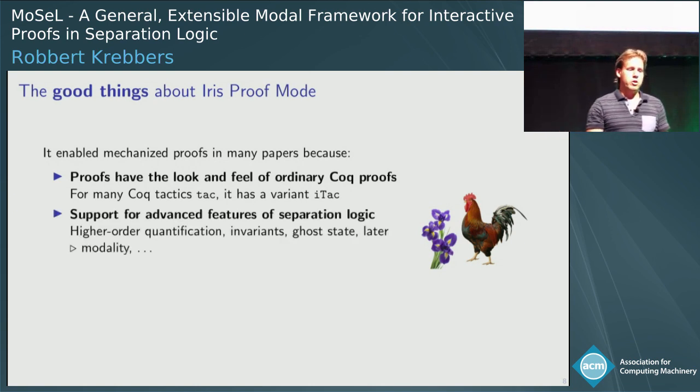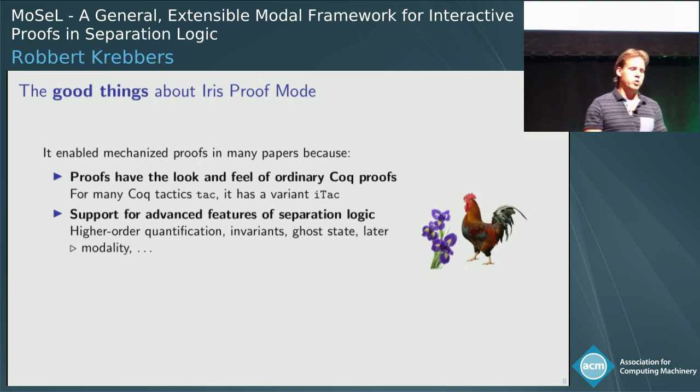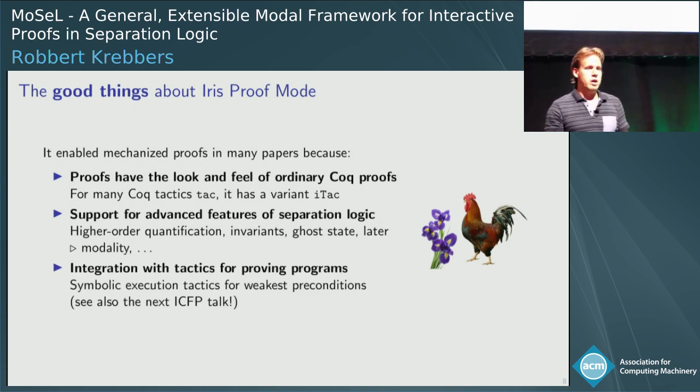Second of all, it supports a lot of advanced features of separation logic, which was crucial in many of these developments. And while the example here was just about proving separation logic entailments, it can be integrated with calculus for weakest preconditions and associated tactics. The next talk after mine will go a bit more deep into that.